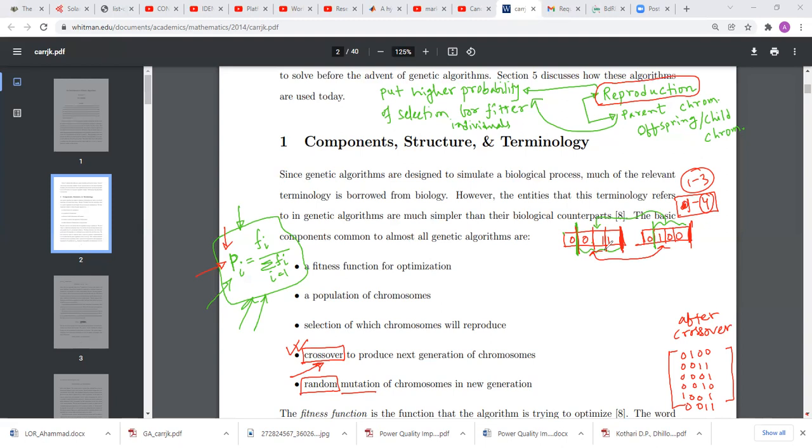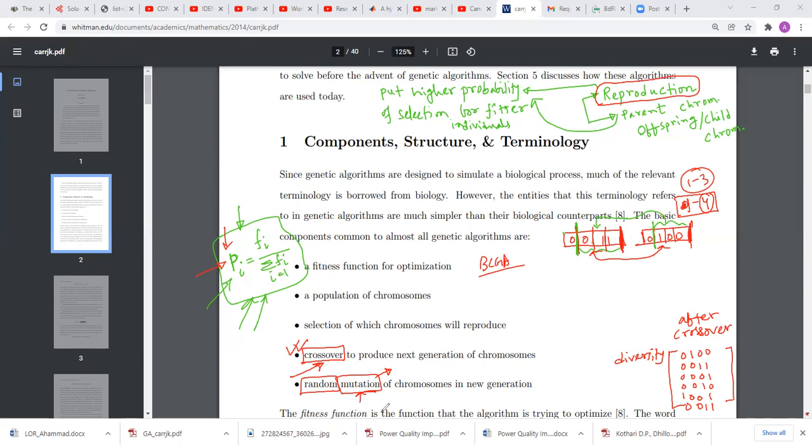Means now you want to add some more diversity in your solution or in your population. How are we going to do that? As I said, the feature of mutation, if it is a BCGA, binary coded genetic algorithm, simply it will flip the bits. It will flip the bits.